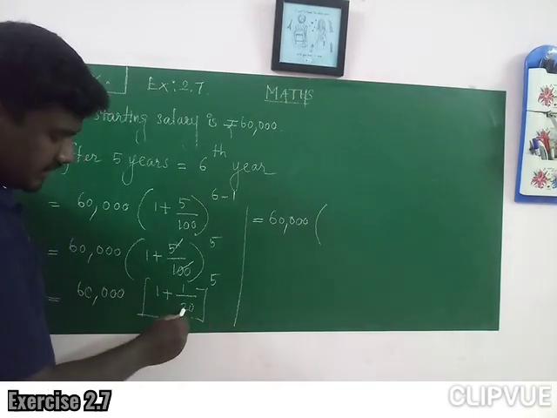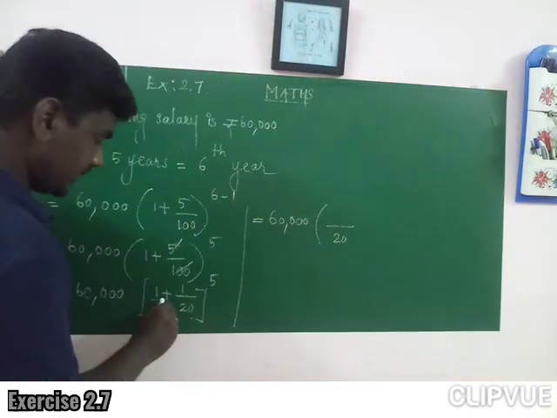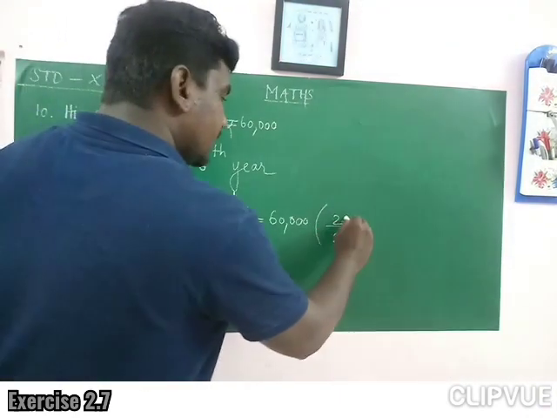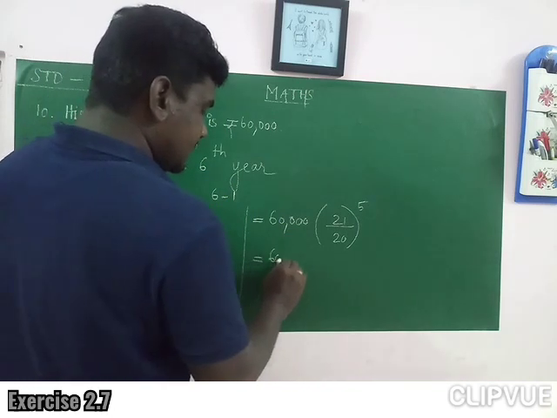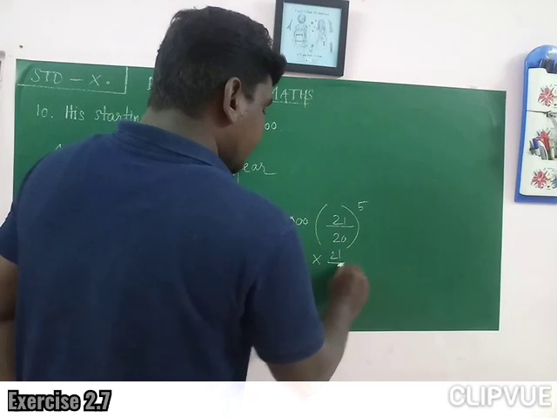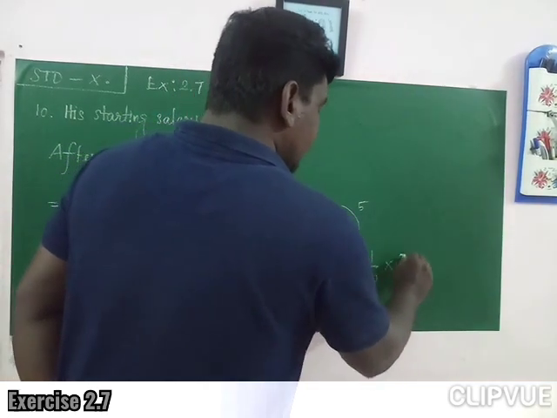If you take LCM, it is 20. Here 1 is there, so you multiply by 20. So 20 plus 1 gives 21. 21 by 20 whole power 5. So 60,000 into 21 by 20 into 21 by 20 and so on, 5 times.